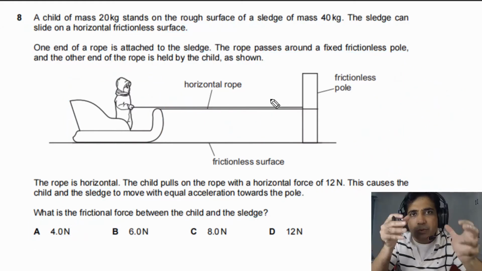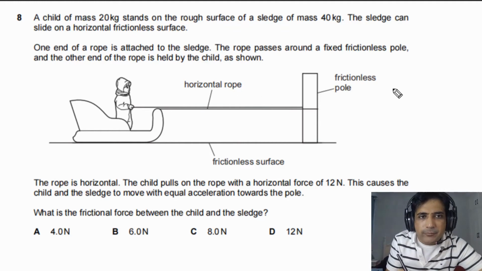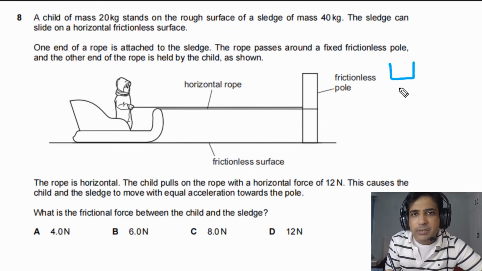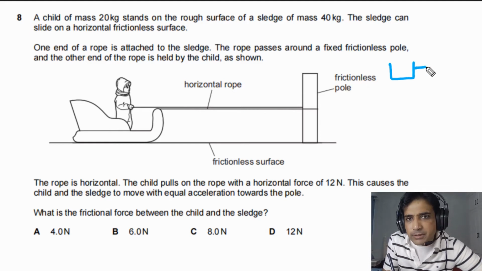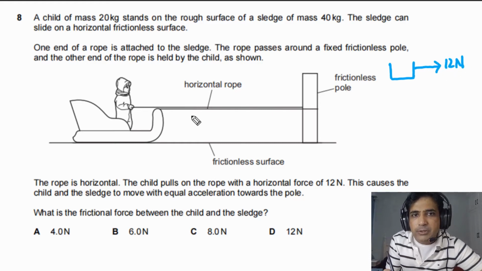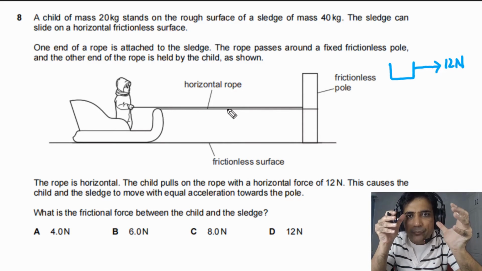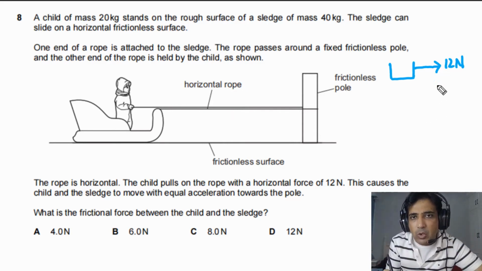Now let's try to answer this question by considering the forces acting on the sledge only. You can imagine that this one is the sledge. We have already discussed that the force acting on the sledge to the right is 12 newtons, and this is the tension force in the string. Now we need to understand the direction of the frictional force acting on the sledge.